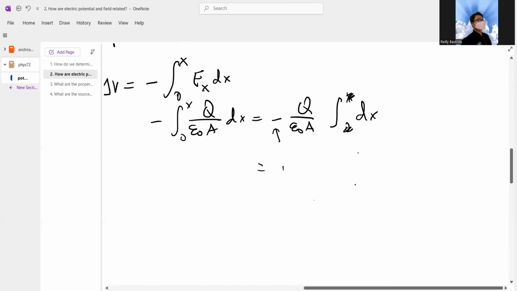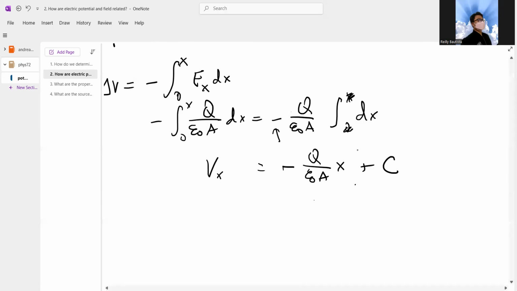So Q over epsilon naught A x plus C. I keep forgetting this. So this is Vx minus V naught.